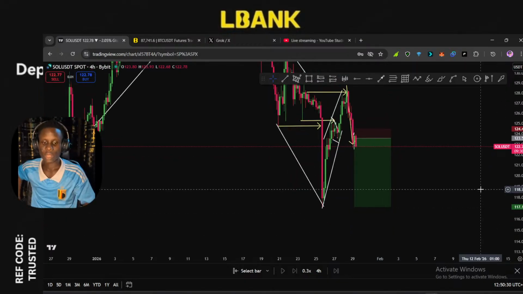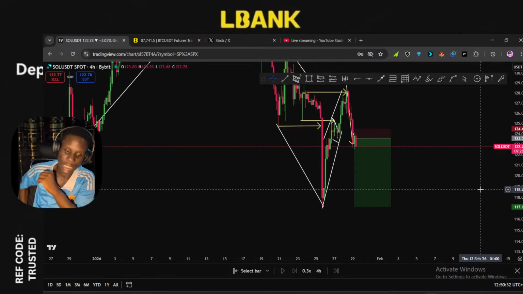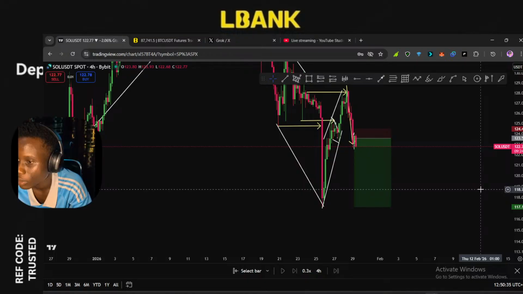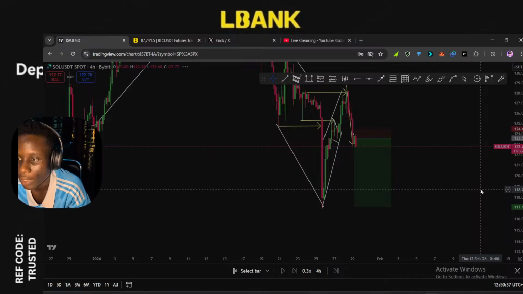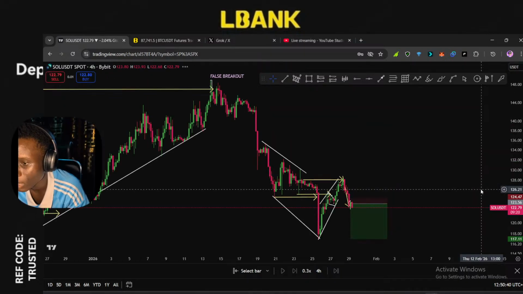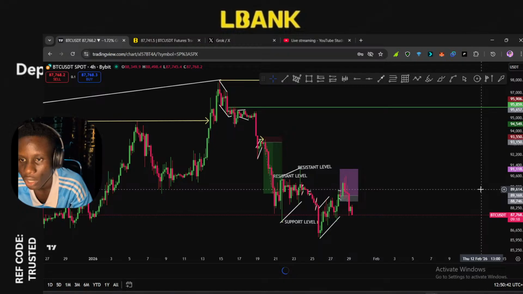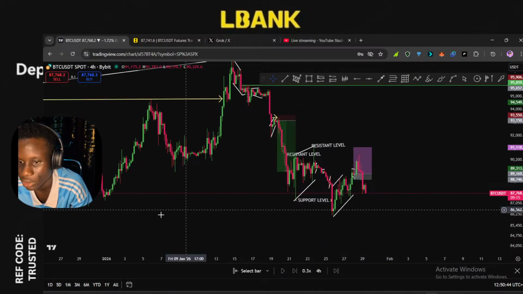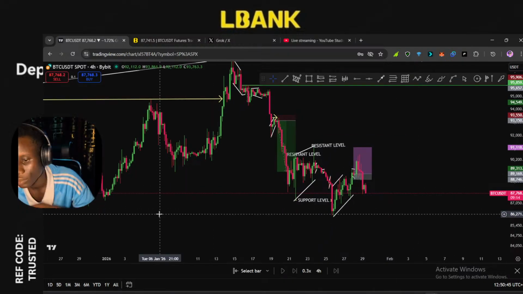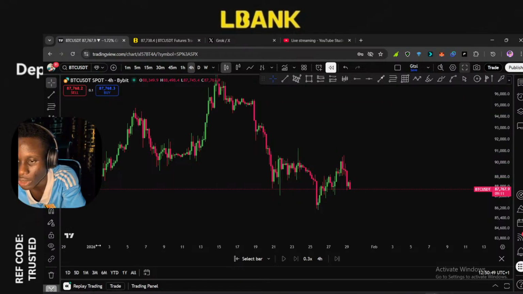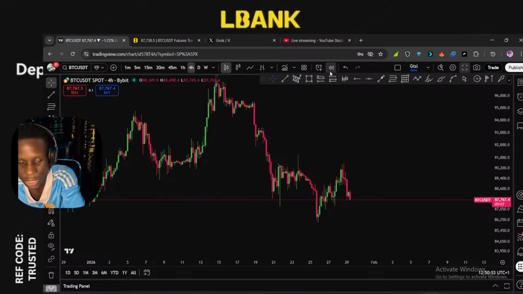We are going to be taking position sizing first, but then let me check for another pair that we haven't gotten any entry on, BTC. Let's see whether we have an entry on BTC so that I can use that as a practical for us, so we can understand position sizing and stop loss placement, in case you are new to this.